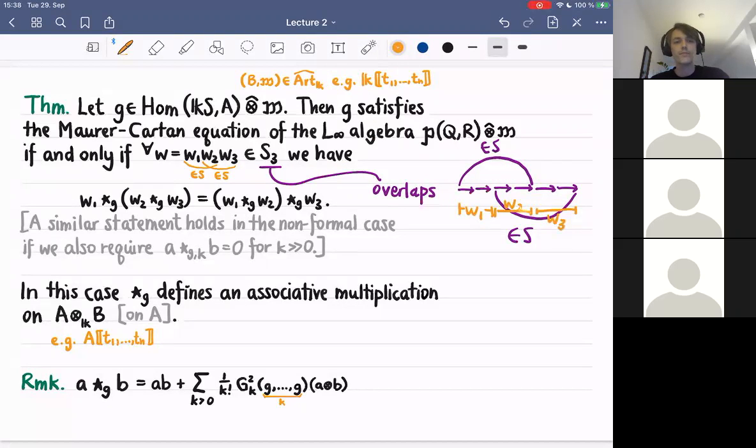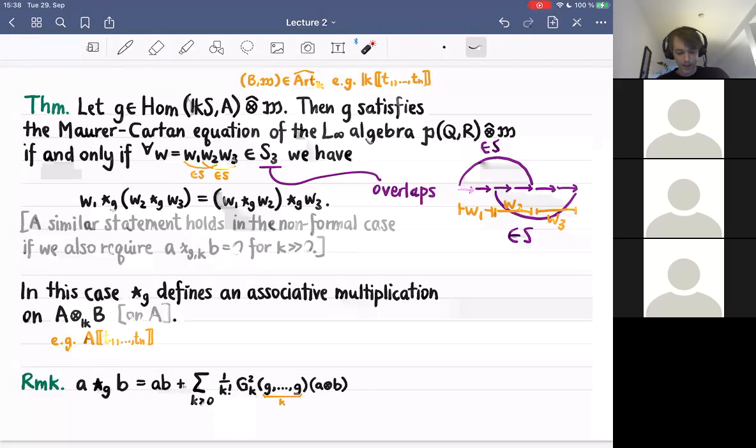Okay. Something similar also holds in the non-formal case if you require that this star GK is 0 for K large enough. If this expression makes sense at all, then it gives you a Maurer-Cartan element, and it always makes sense in the formal context.